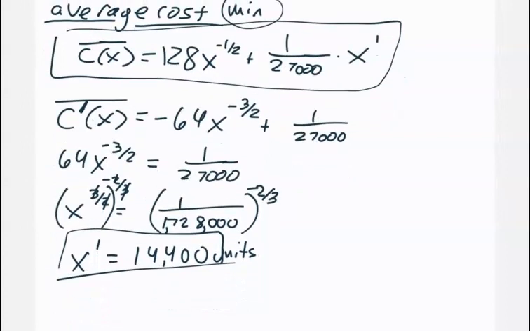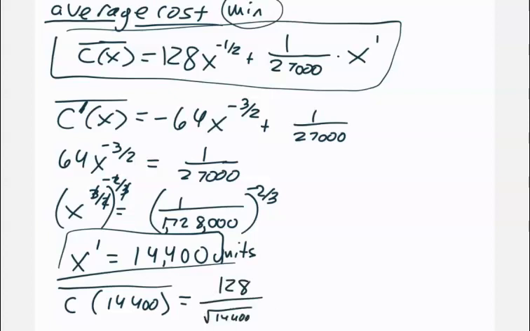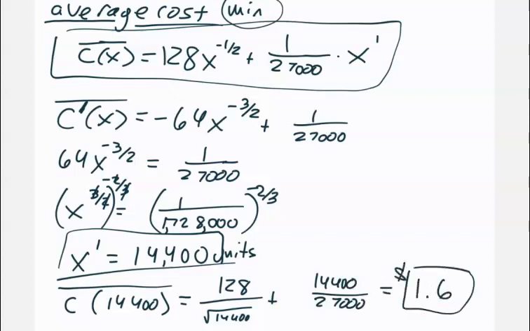So if I just plug 14,400 into my average cost function, and certainly do that in your calculator, this is like 128 over the square root of 14,400 plus 14,400 over 27,000, which gives us about 1.6. So that's the average cost per unit. That's the lowest we can get our average cost per unit. We minimize the function.